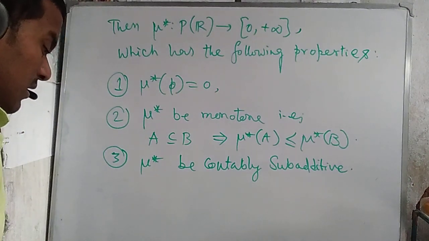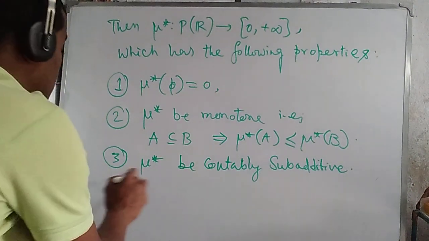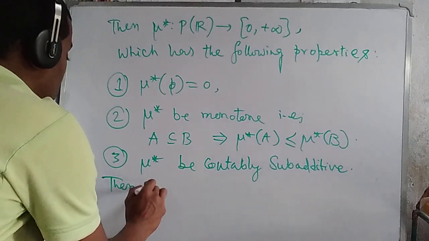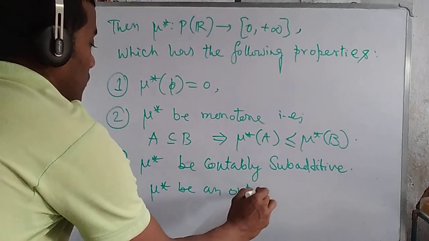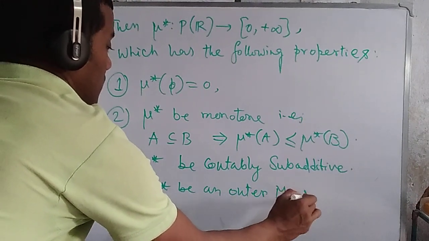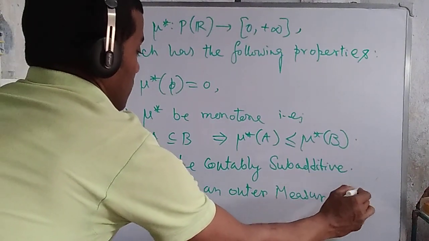Then mu star is an outer measure on P(R).